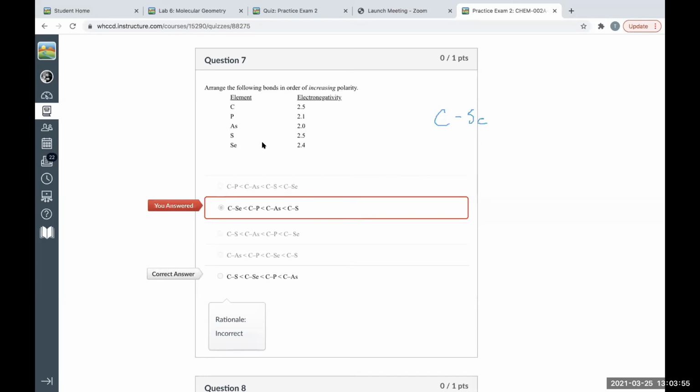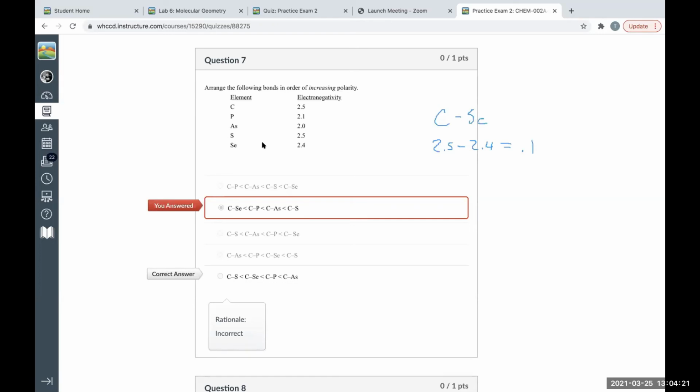What is carbon's electronegativity? 2.5. And what is selenium's? 2.4. We're going to find the difference between those, so we subtract them. We get a polarity of 0.1.